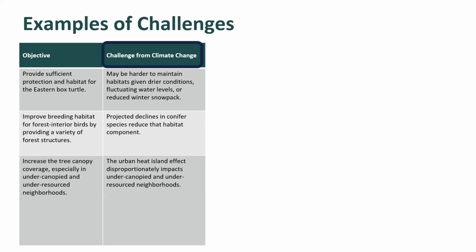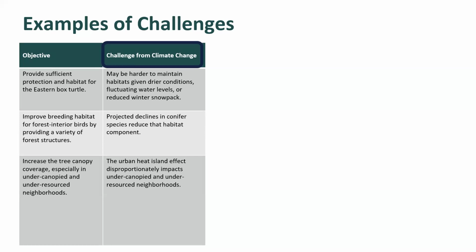Let's take a look at a few examples drawn from past projects. Here you can see a list of objectives in the first column and climate-related challenges in the second column. I'll focus on the objective on line number 2, improve breeding habitat for forest interior birds.